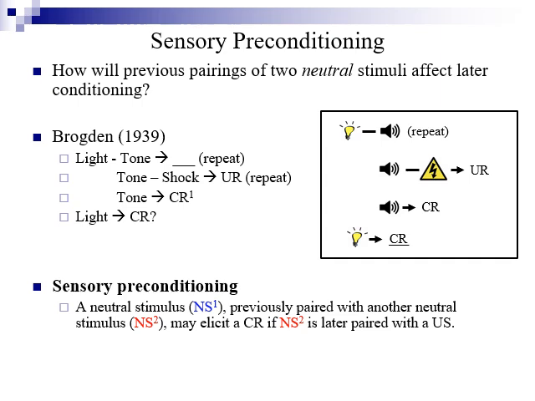And this is fascinating because the light has never been paired with shock, and when the light was paired with tone, it was before tone had ever been paired with shock, and yet the light can turn on and the rats responded with a conditioned fear response.